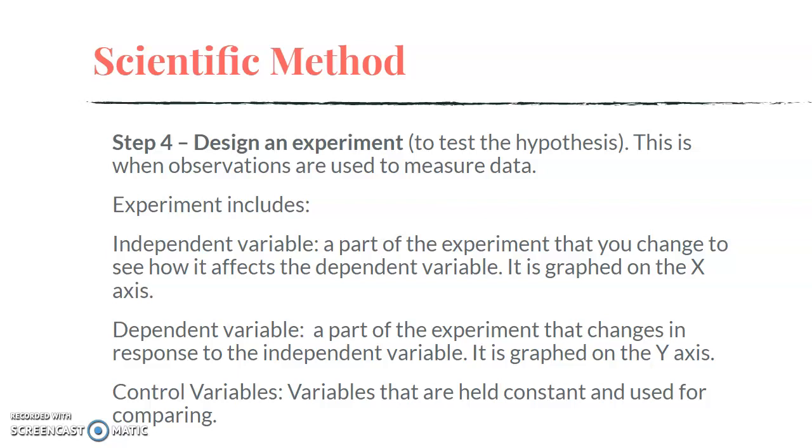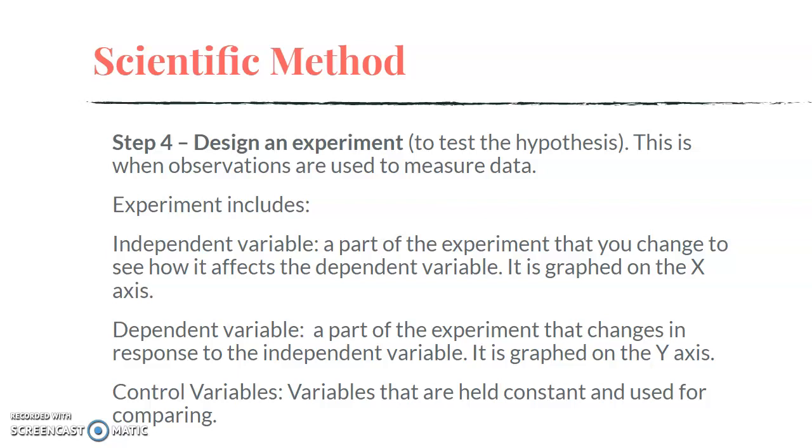For example, something that you change, right? So on my toaster, I can try changing the amount of time that I let the bread sit. For example, will it give me a toast if I let it sit for 30 seconds versus 1 minute versus 3 minutes? Now the amount of time that I change is the independent variable, right?